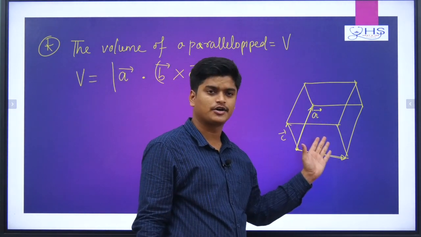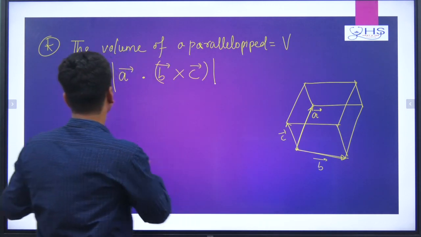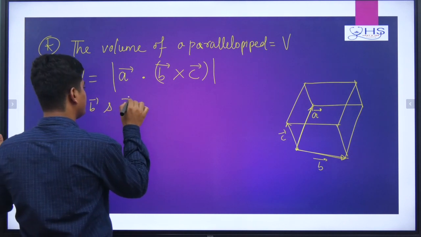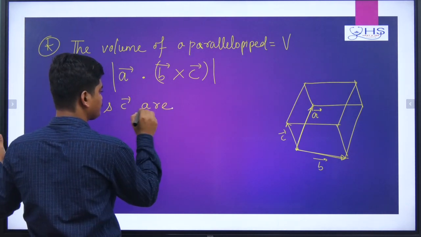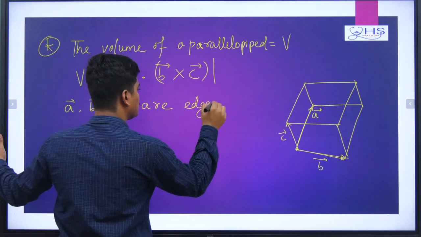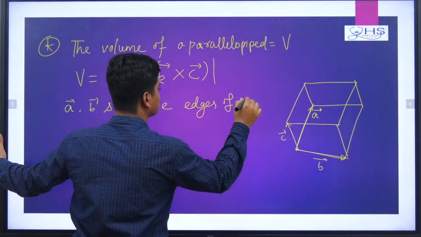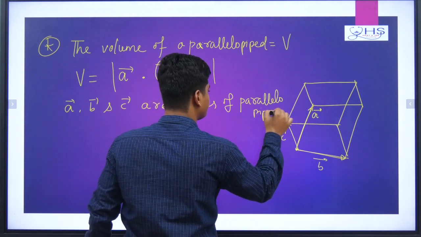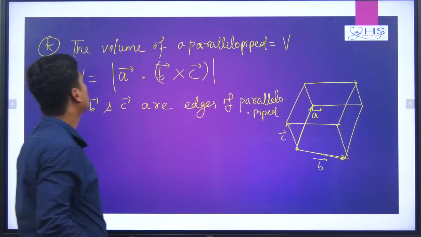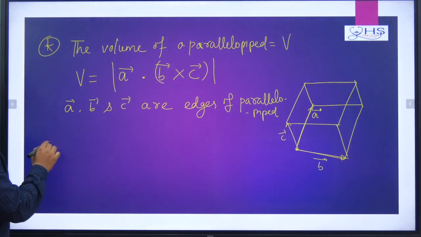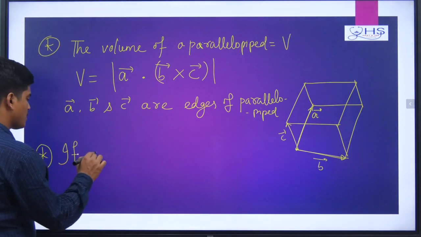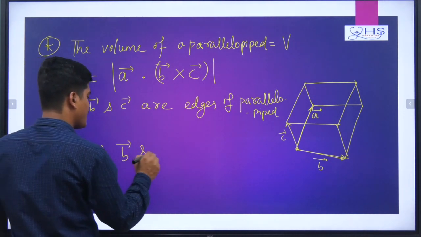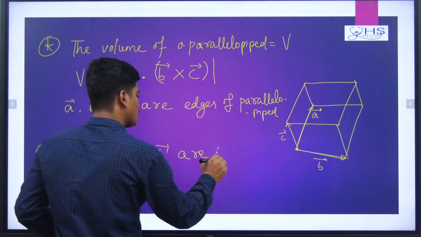You see, this is a 3D structure, and here this A vector, B vector and C vector are the edges of the parallelepiped. So remember this formula.